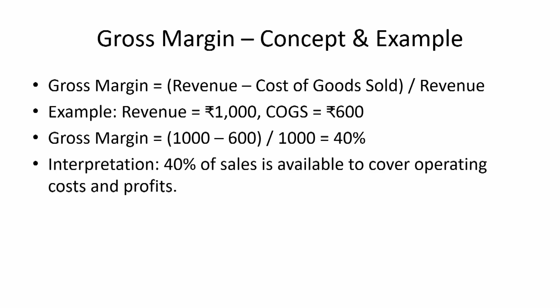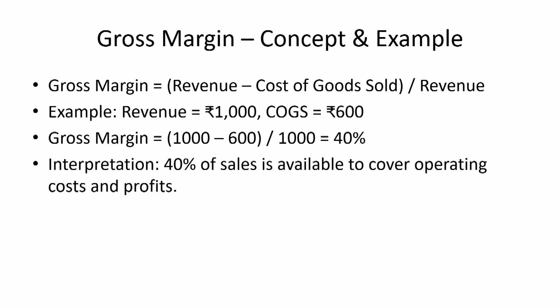Let us have a look at an example. Let us say the total revenue collected by an organization in a specific time period is 1000 rupees. Now, let us also calculate the cost of goods sold, that is the cost of labor, cost of raw material and cost of factory overheads, that comes to 600 rupees.